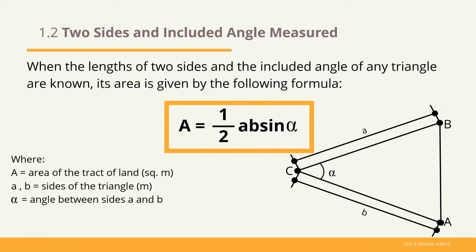As you can see in the figure, the included angle alpha is between the sides A and B. So the formula is applicable wherein A is the area of the tract of land, small letters a and b represent the sides of the triangle, while alpha is the angle between sides a and b.